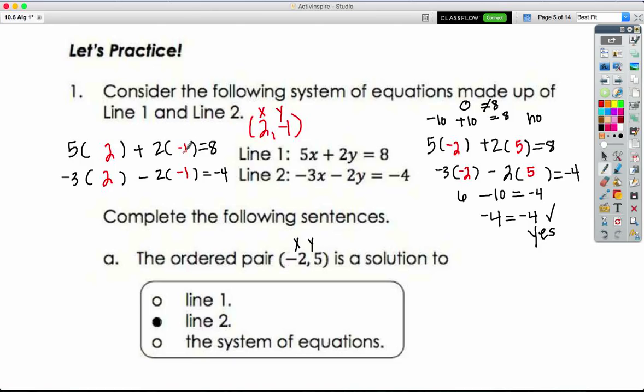And so on equation line 1, that will come out to be 10 minus 2 equals 8. That's true. On equation number 2, that comes out to be -6 plus 2 equals -4. That is also true. So that point works in the equations for both lines.